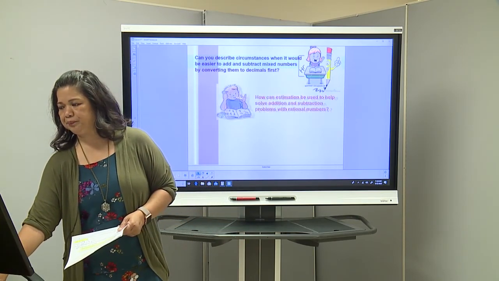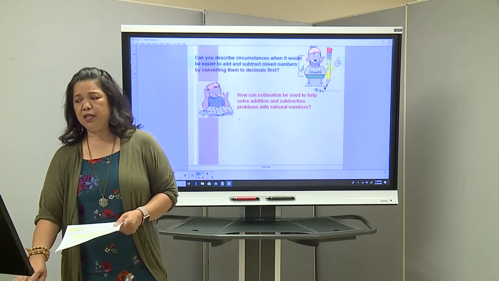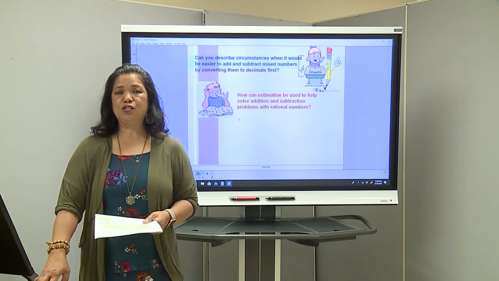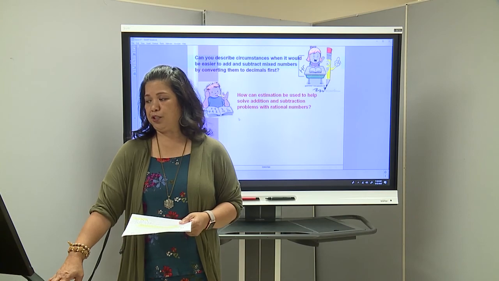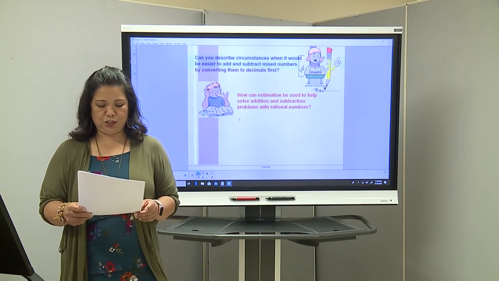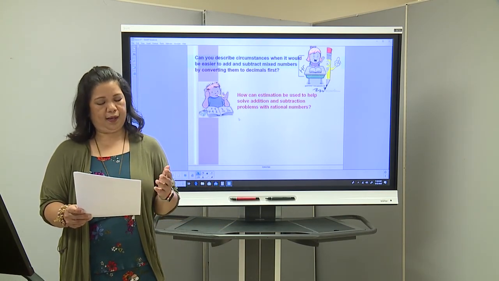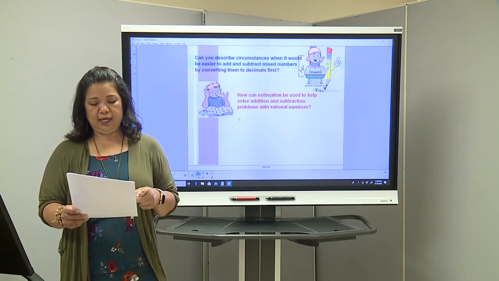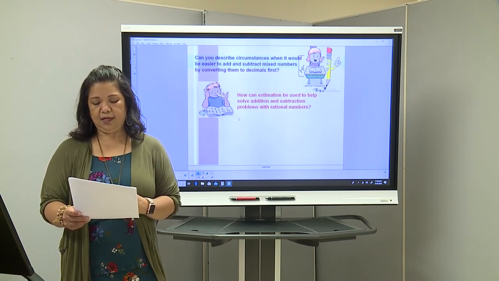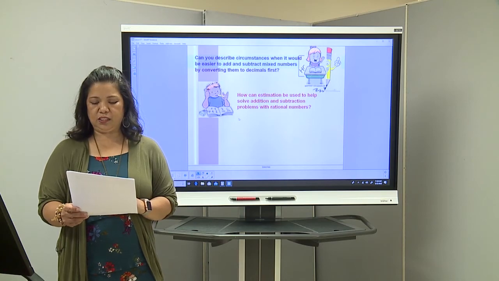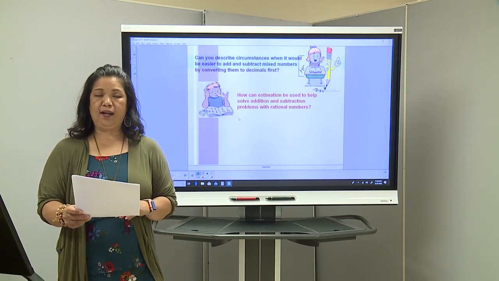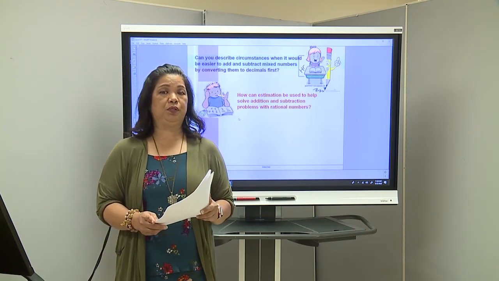Another question. How can estimation be used to help solve addition and subtraction problems with rational numbers? Yes, using estimation can help predict reasonable answers. It is a way to check to see if an answer is reasonable or not.